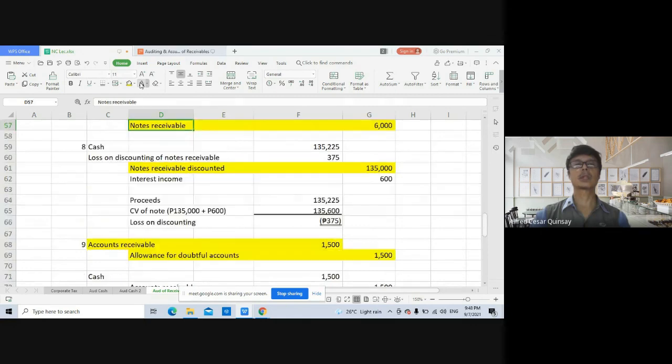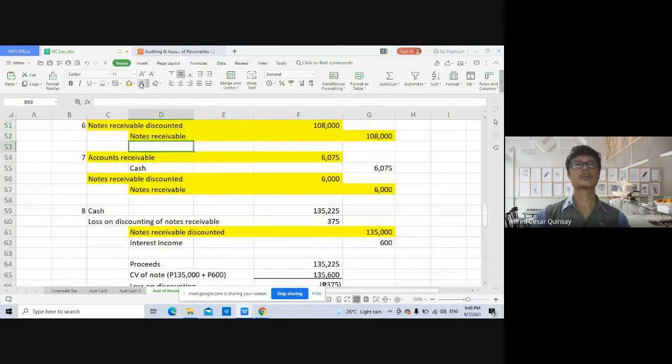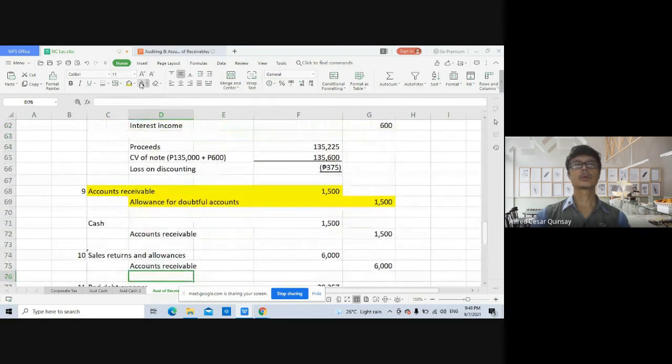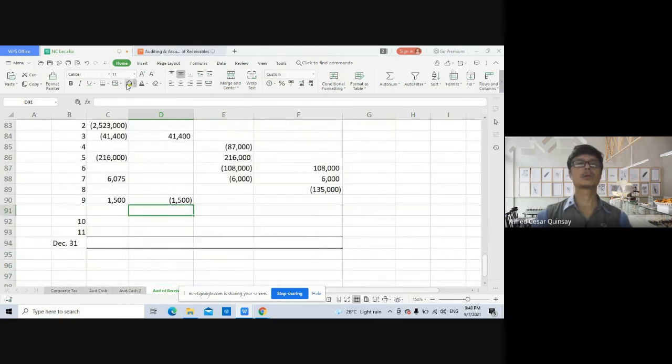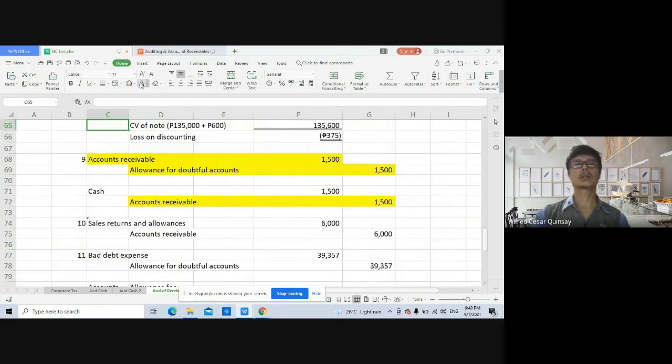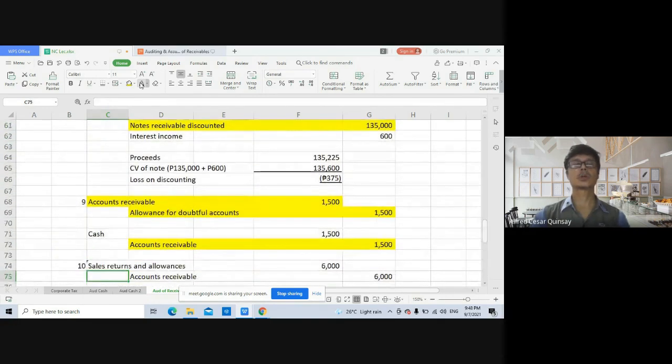Okay, and then number 10, meron pa. Ito, accounts receivable. Ayan. That is a credit naman yan, naka-credit. So may bawas siya dito. Ito, bawas natin dito yung accounts receivable for 15. Ayan. So ginagawa lang natin yung journal entry. Pina-plot lang natin.